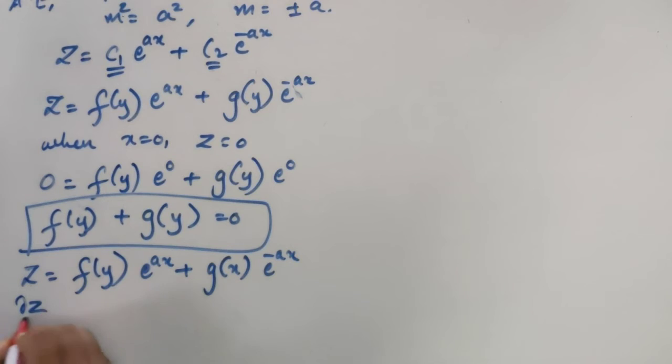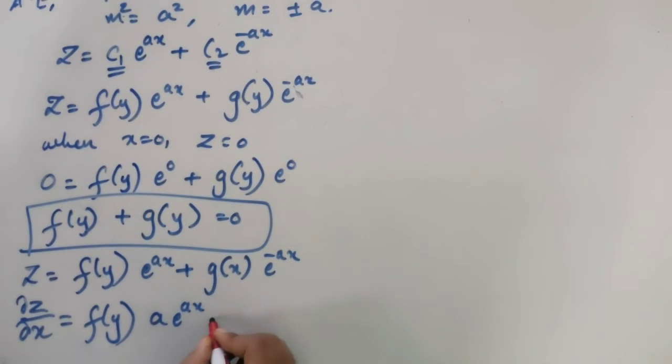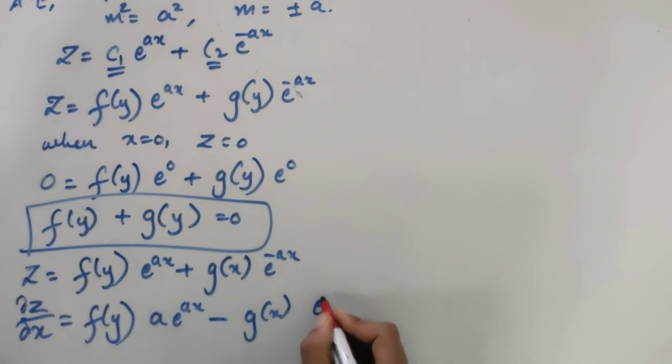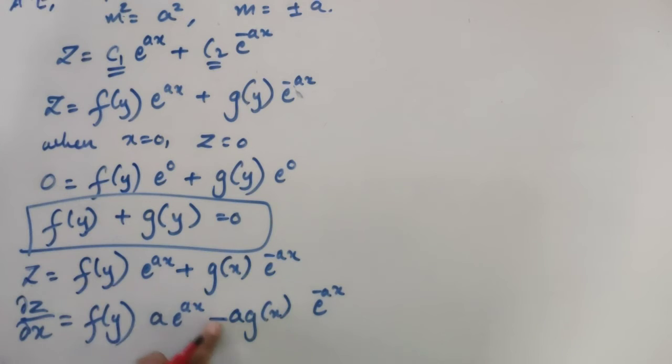Dou z by dou x, derivative of this with respect to x, treating y constant. So f of y as it is, derivative of e to the power ax will be a into e to the power ax, plus g of y as it is, but the differentiation of e to the power minus ax is e to the power minus ax into minus a. So that minus a I am writing here. I hope this step is clear to everyone.